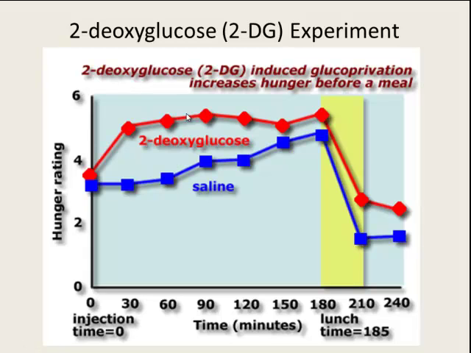But the lateral hypothalamus in the 2-deoxyglucose group couldn't detect the glucose very well, and so these people were subjectively hungry. This points to the idea that the lack of glucose, glucoprivation, like starvation of glucose, increases the motivation to eat. It's not the only thing that motivates us to eat, unfortunately, but it is certainly a factor.